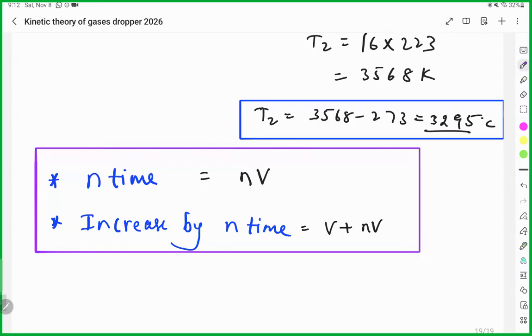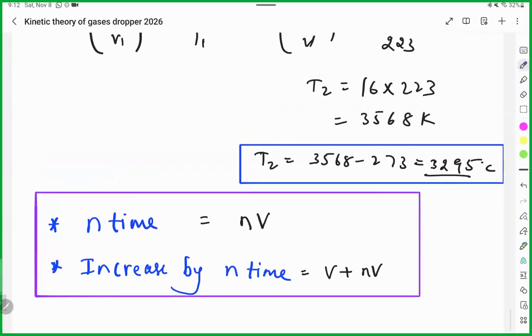If you are making silly mistakes or you are not able to interpret the question, it means you have not solved enough number of questions. That's why most of the time I don't even tell the final answer. I just tell how to solve the question, where you could make a mistake, and how you can avoid that mistake.